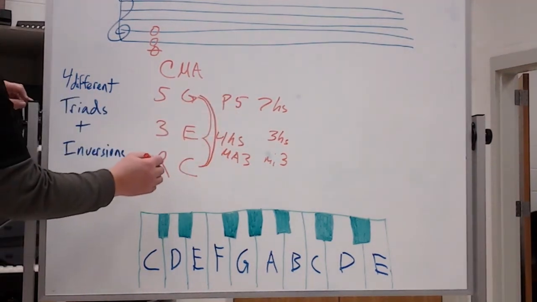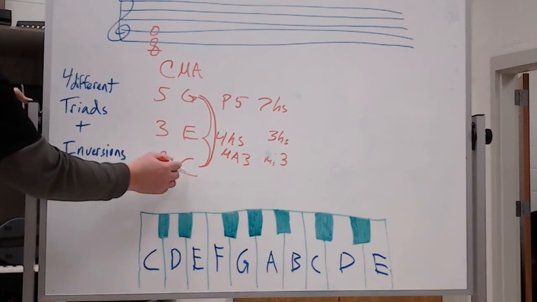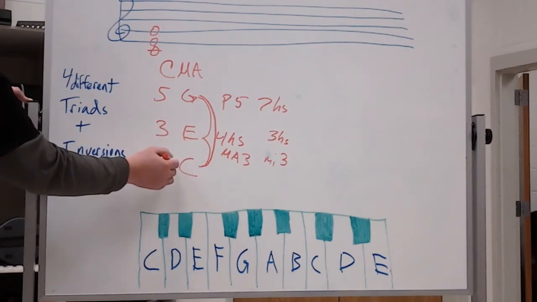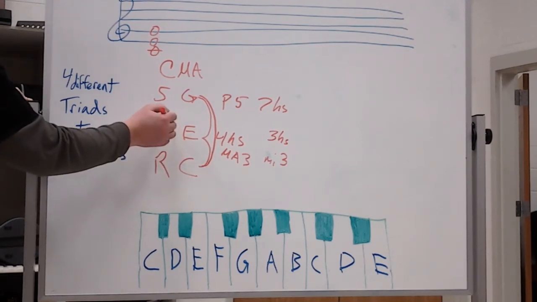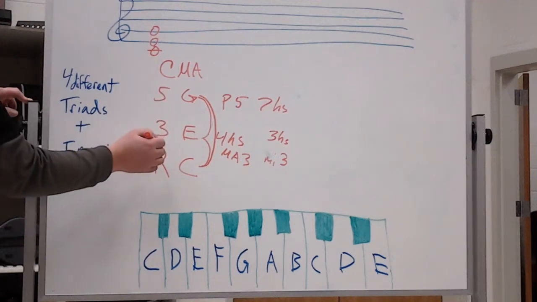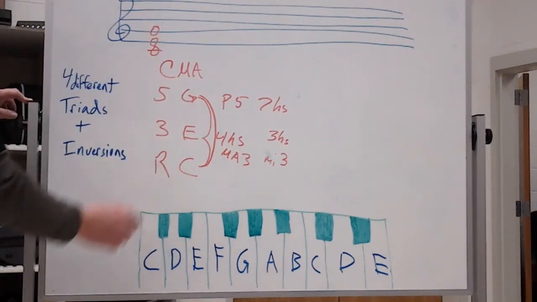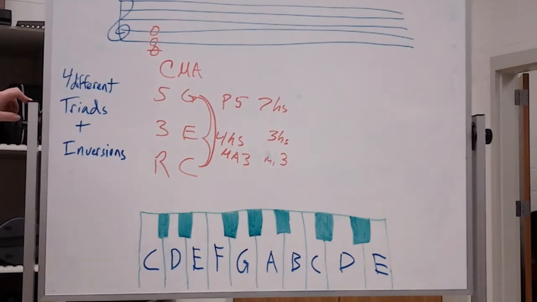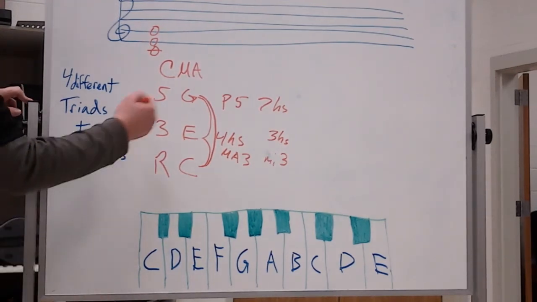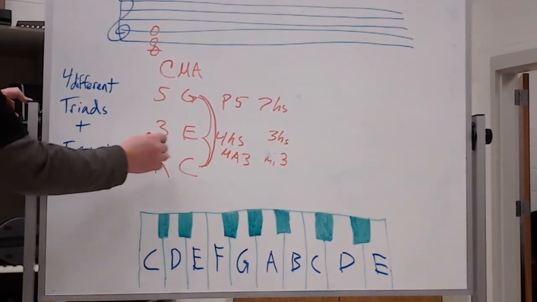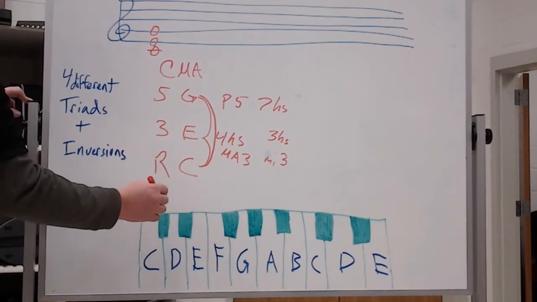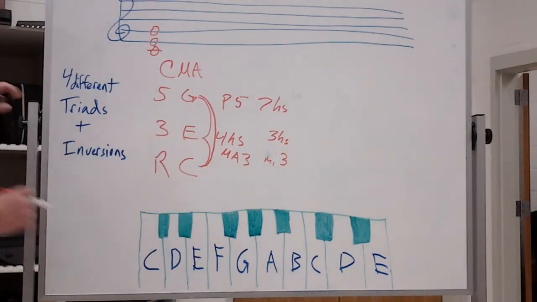Always in our triad, we will have a combination of a major third from the root to the third and a minor third from the third to the fifth, creating our perfect fifth from the root to the fifth if it's a major triad. The other version of a triad would be a minor third from the root to the third.